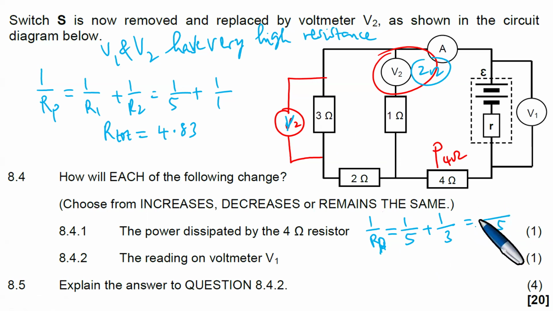Then 15 divided by 5 is 3, plus 5, which is 8 out of 15. Which means R parallel is going to be 15 out of 8.